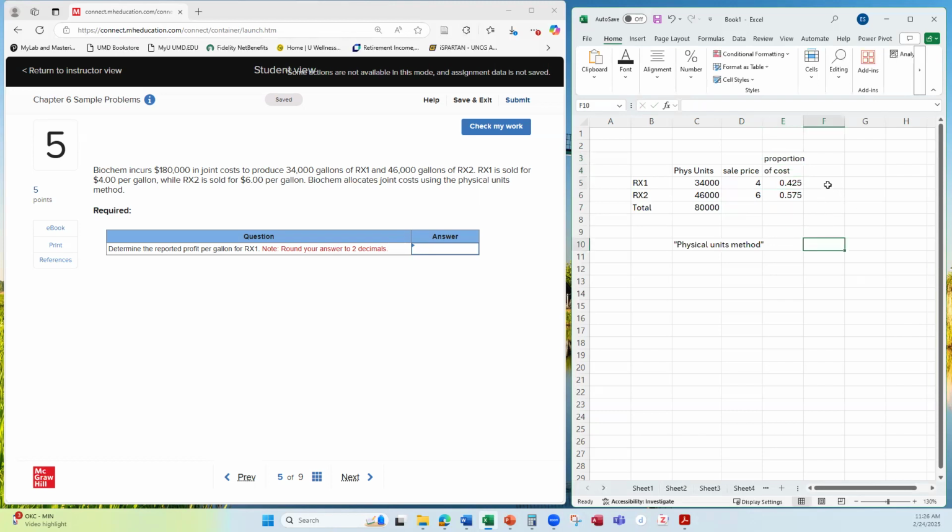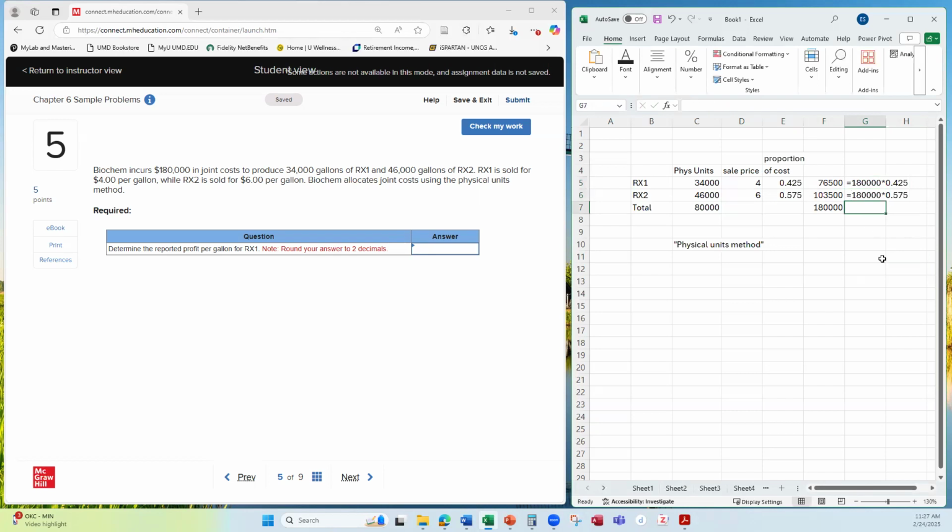So to allocate that out then, we have a total of $180,000. We're just going to assign the 180,000 times whatever proportion this is. And then that gets the amount for each department from a total cost perspective.